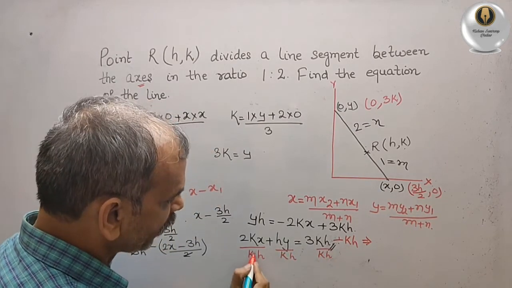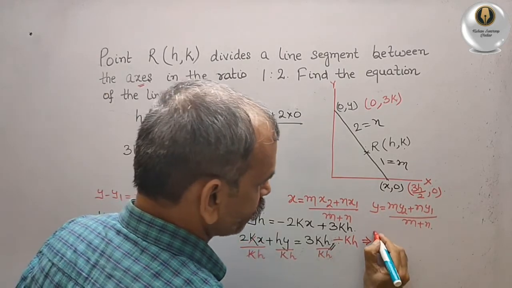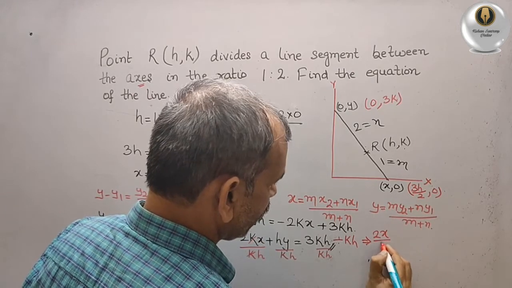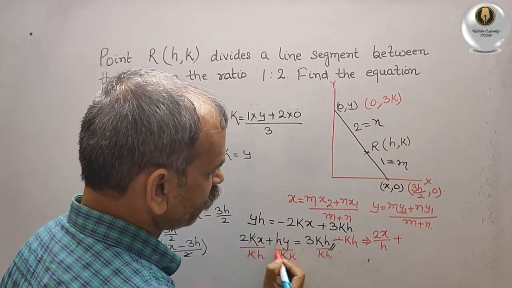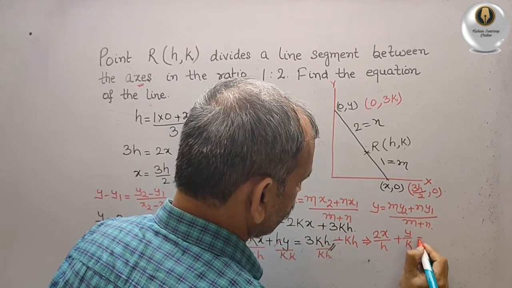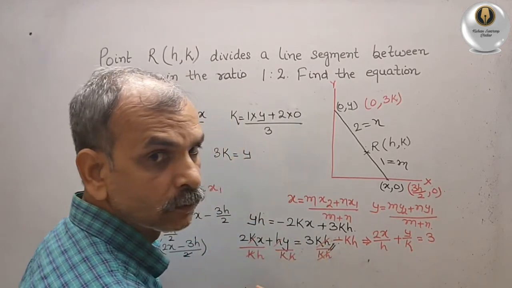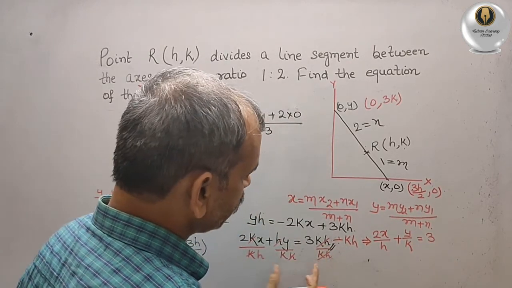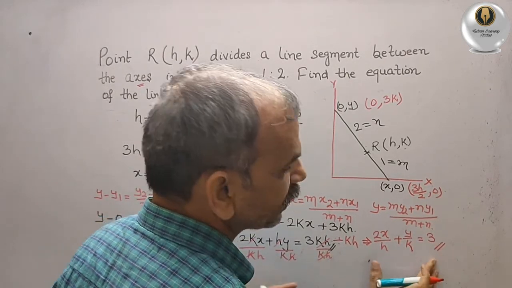Now k and k are gone, you will get 2x by h, plus here h and h are gone, y by k, that is equal to 3. This and this are gone. So you can write either the black one or this one. Both answers are correct.